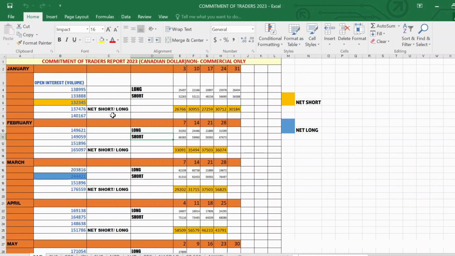This is a report that is issued by the CFTC every Friday afternoon. And CFTC stands for Commodity Futures Trading Commission.